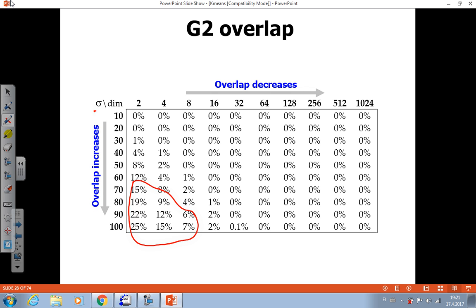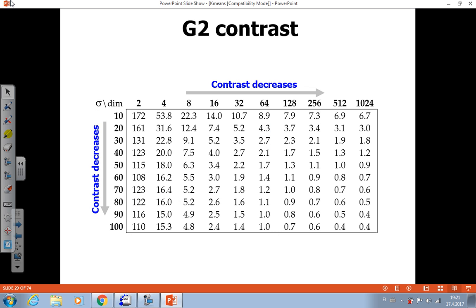But when we move to the higher dimensional data, the interesting thing is that the overlap remains 0. So according to our measure, the clusters actually become well separated when the dimensions increase. So that's what the overlap reveals.